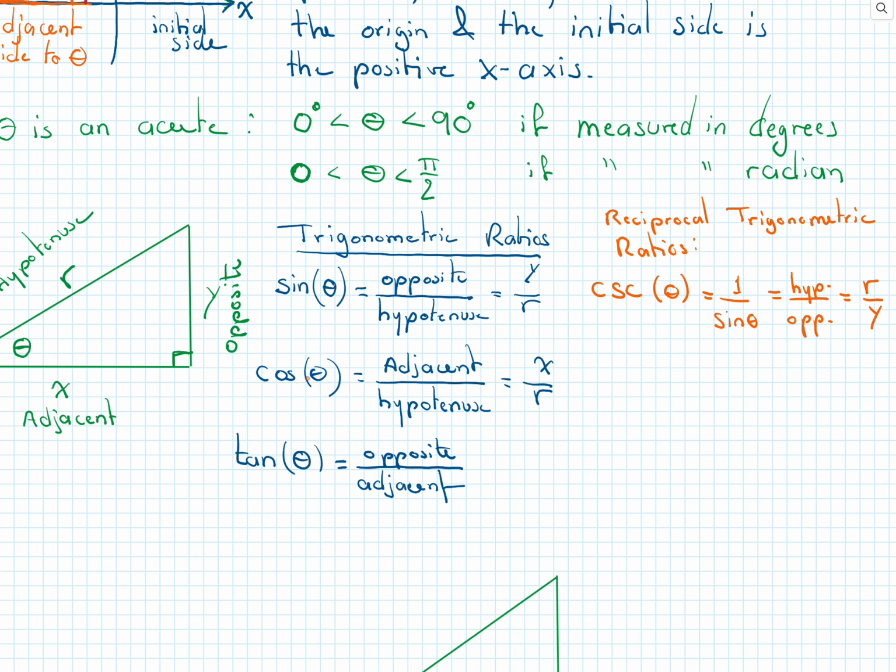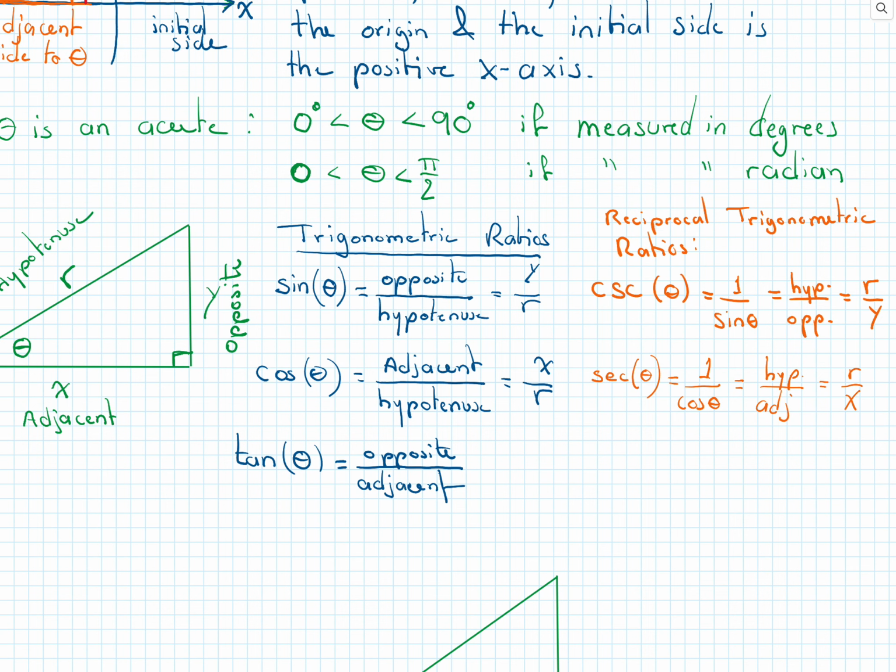The reciprocal of the cosine will be the secant of theta, which is 1 over the cosine theta, which is the hypotenuse over the adjacent, and that will be r over x.